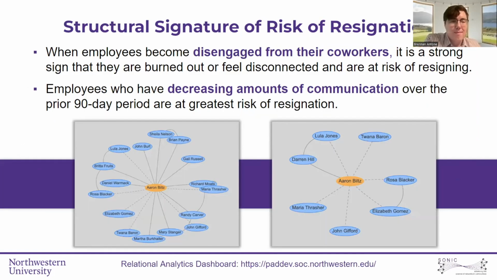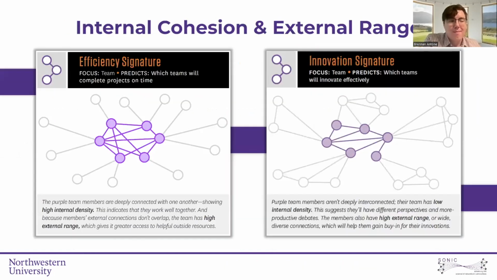There's a structural signature of risk recognition, like we've mentioned before. These 2 measures are calculated based on the Harvard Business Review article called Better People Analytics. It looks at the balance between the internal density and the external range of the team network.